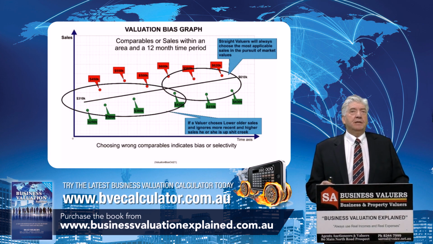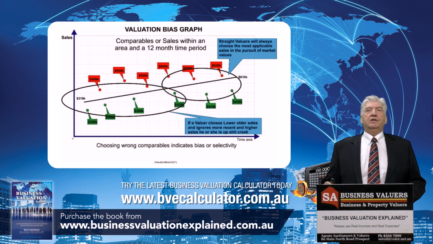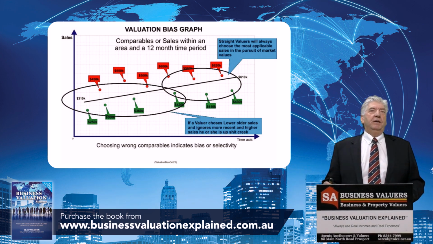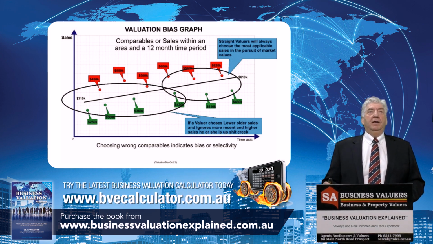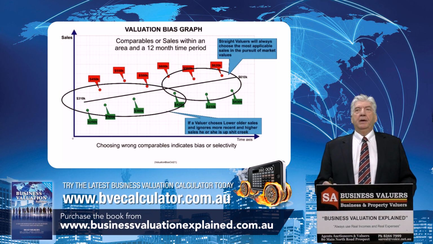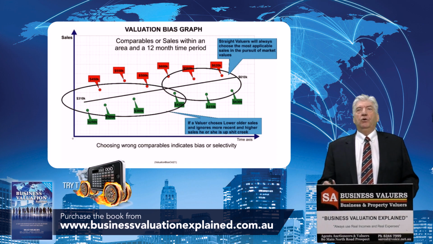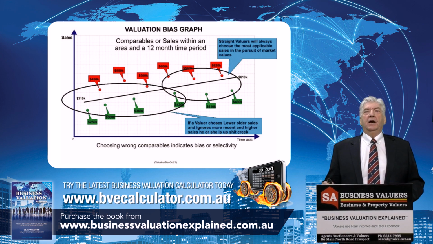And there must be a reason. Comparables are chosen by valuers that best suit their instructions rather than the valuer being influenced by market activity or by moral ethics. In other words, if a sale has appeared that contradicts their belief system or instructions, they will omit it rather than explain it away or seek to find another sale that supports their viewpoint.